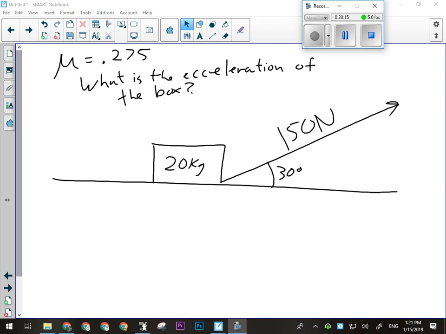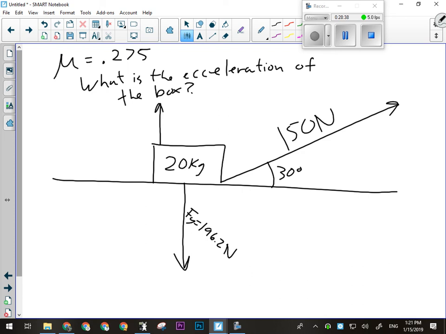If I'm looking at this question, the first thing I want to do is add on all the forces that I know are there, and I want to eliminate the angled force by just finding its horizontal and vertical components. It'll simplify what I need to do. One of the forces acting in this situation is the force of gravity, which will be 196.2 newtons. I'm going to have some normal force acting upwards.